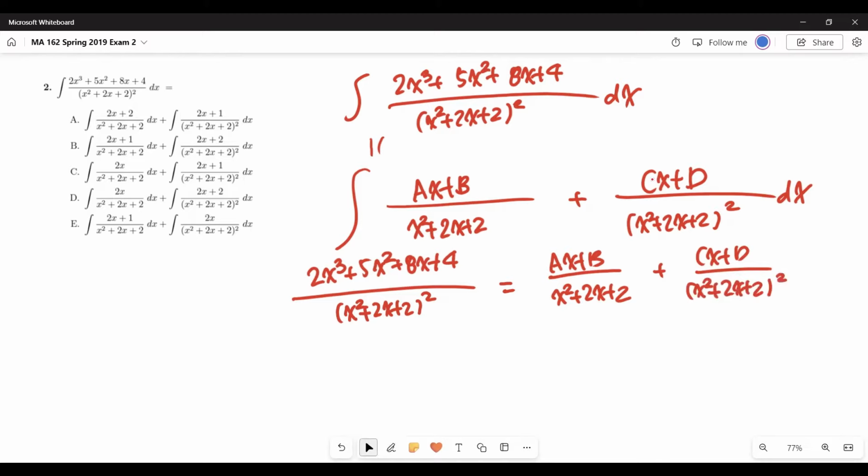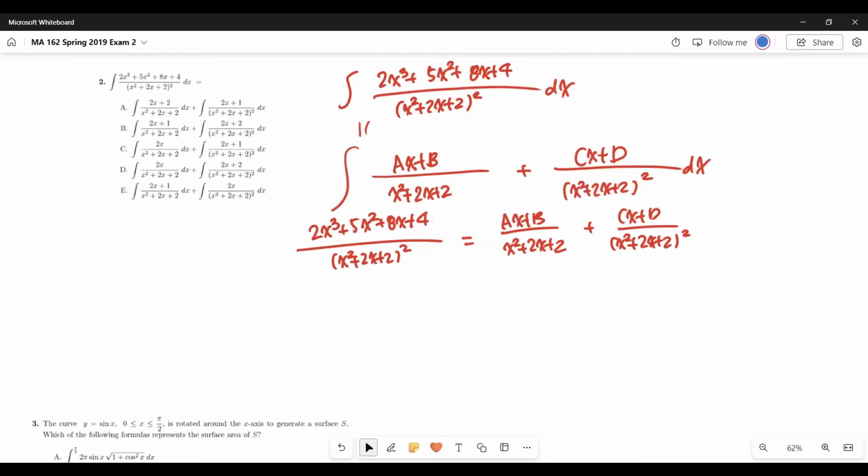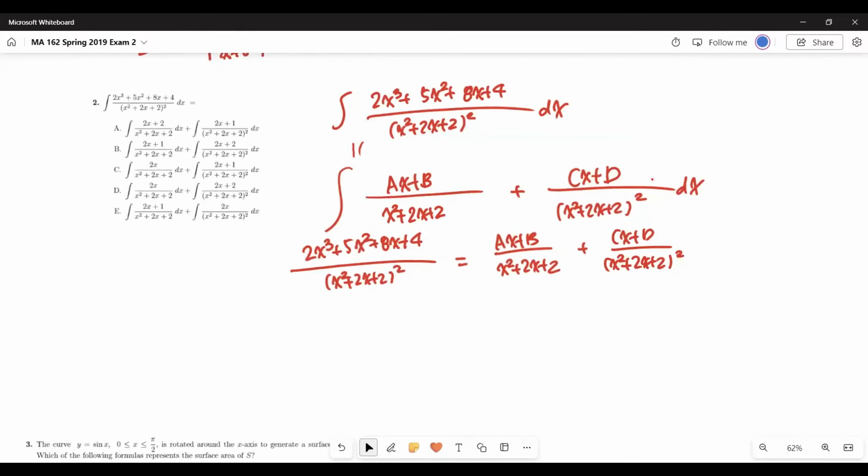What we're going to do is multiply by (x² + 2x + 2)² to get rid of the denominator. Then 2x³ + 5x² + 8x + 4 is equal to (Ax + B)(x² + 2x + 2) + Cx + D. Let's do some calculation here.